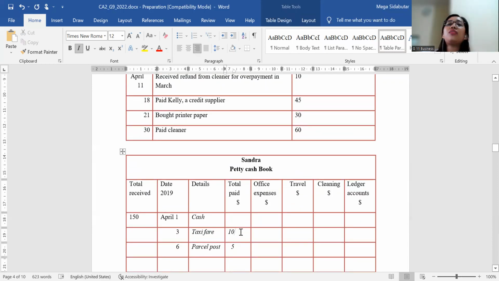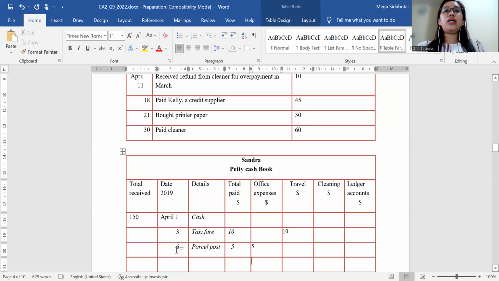So the taxi fares and the parcels, we need to continue recording. The taxi fares we can put here as well. Travels, parcel, postage, I think we can classify as office expenses, right?